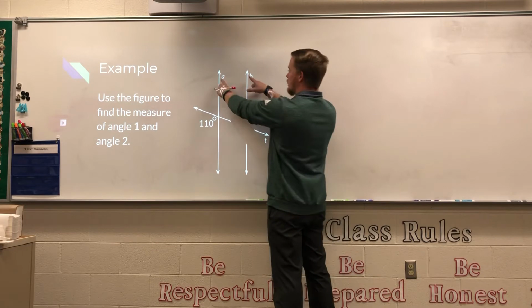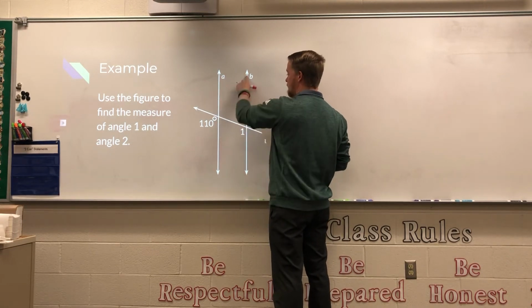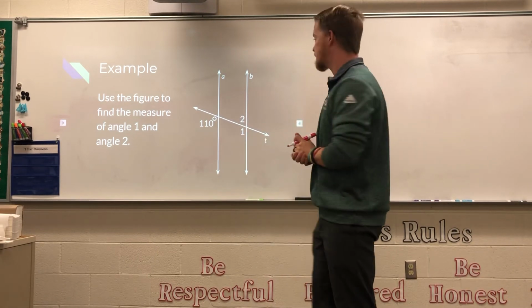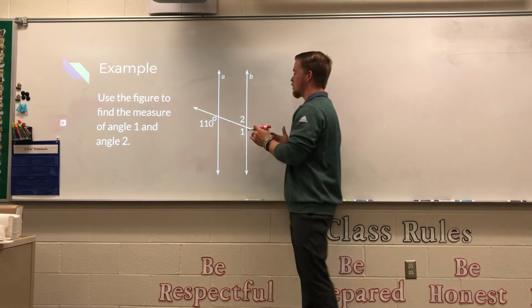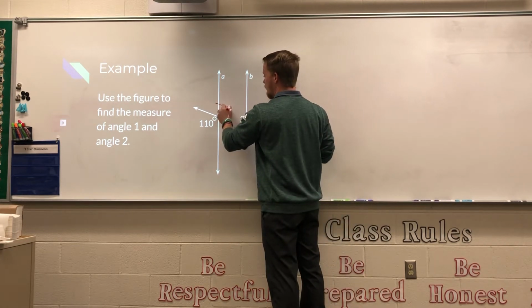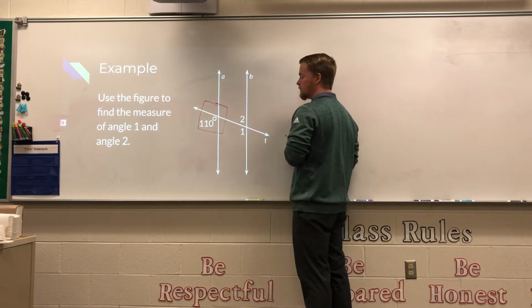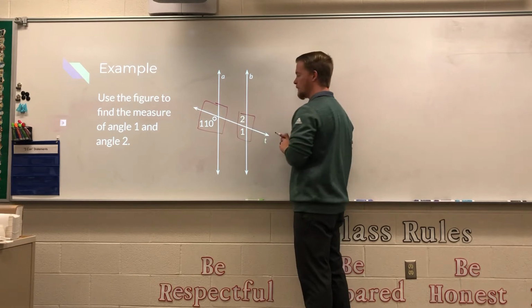If you look, these two are my parallel lines: parallel line A and parallel line B. Once you recognize your parallel lines, something helpful is to make a box around each of the four angles involved in each parallel line. So we have those four, and then we have these four.